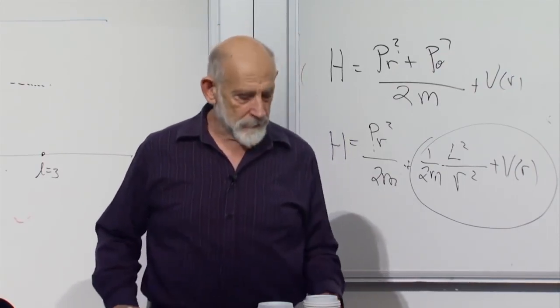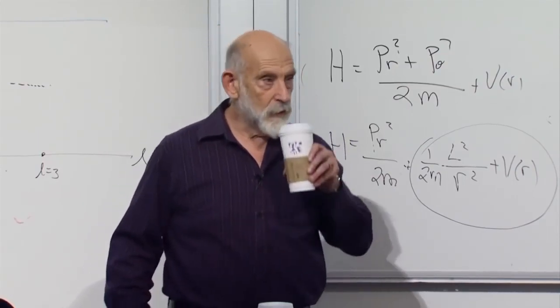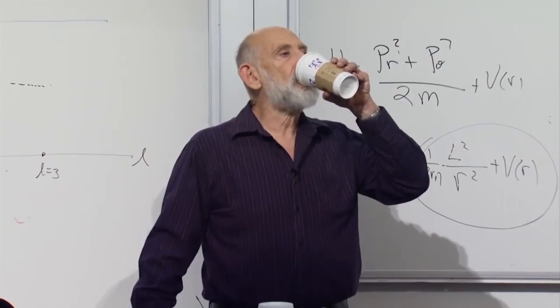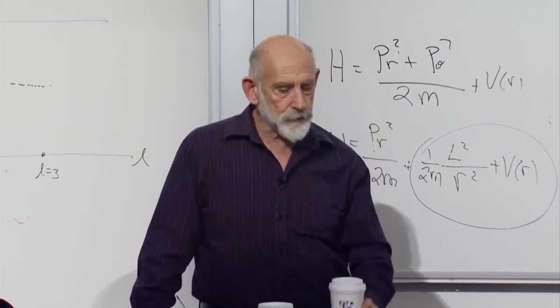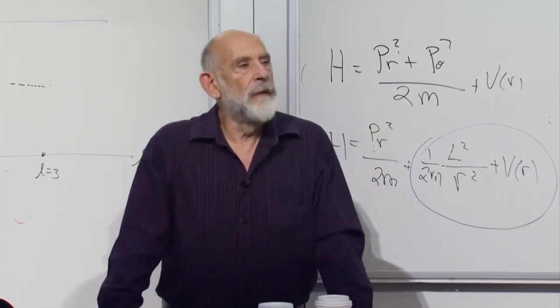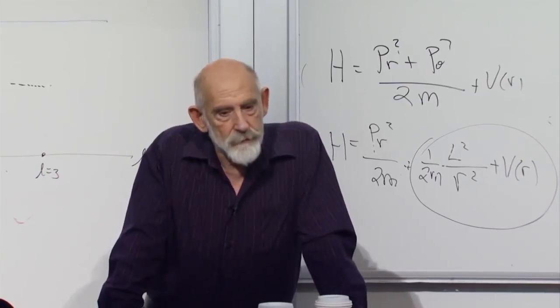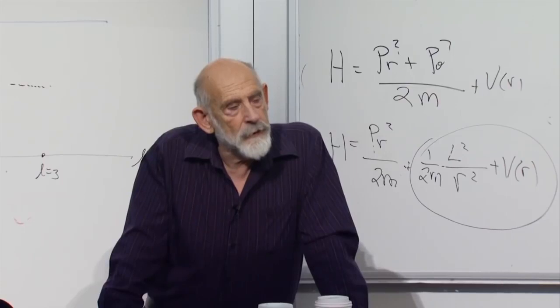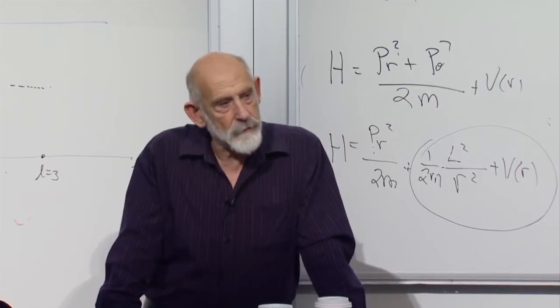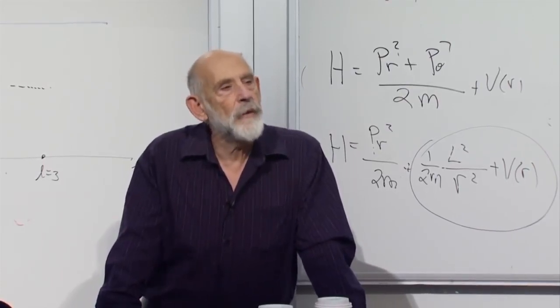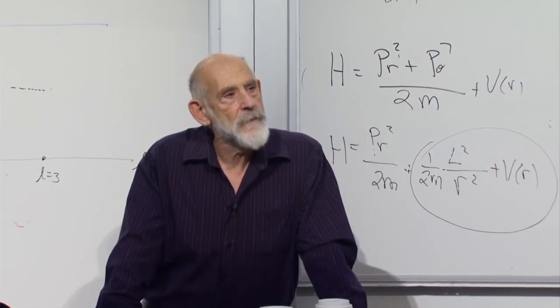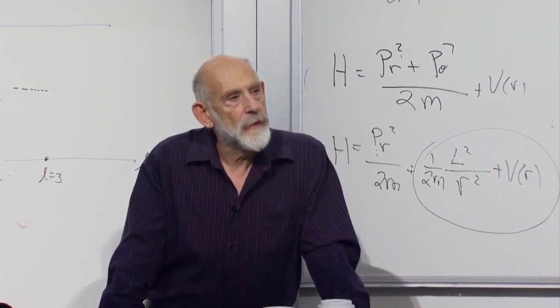And the second question is about the difference between classical mechanics and quantum mechanics. The biggest difference is that capital L squared is equal to little l squared in classical, and it's equal to L times L plus 1 in quantum.